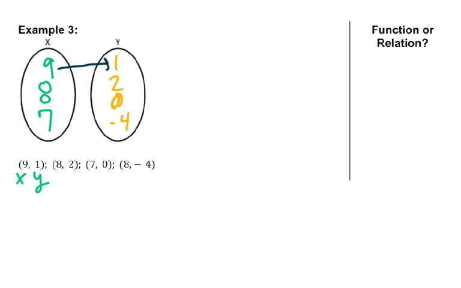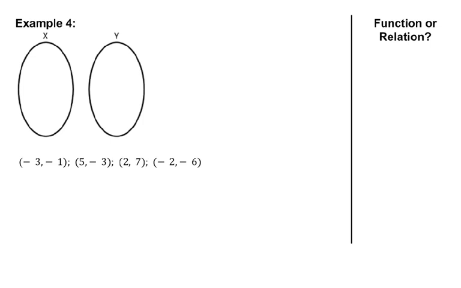The x value of 8 goes to two different y's, right? It goes to 2 and it goes to -4. That's a code red situation. That means this is not going to be a function. And then 7 goes to 0. Because this 8 is going to 2 different y's, we know that means relation. Because 1 x is going to 2 different y's.